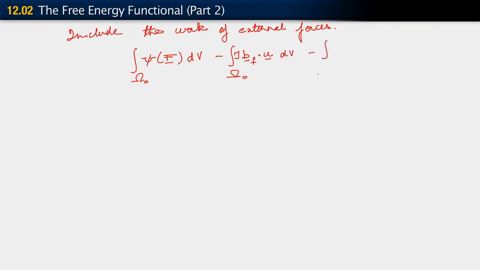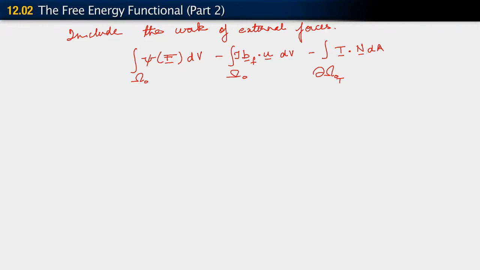minus the integral over the traction boundary of T dot n dA, where T is now the traction vector.